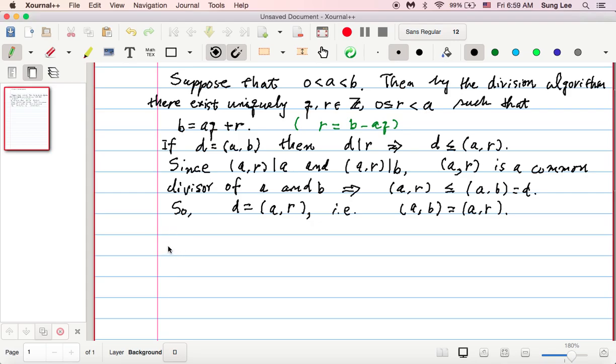So more generally, we have the lemma we just talked about.